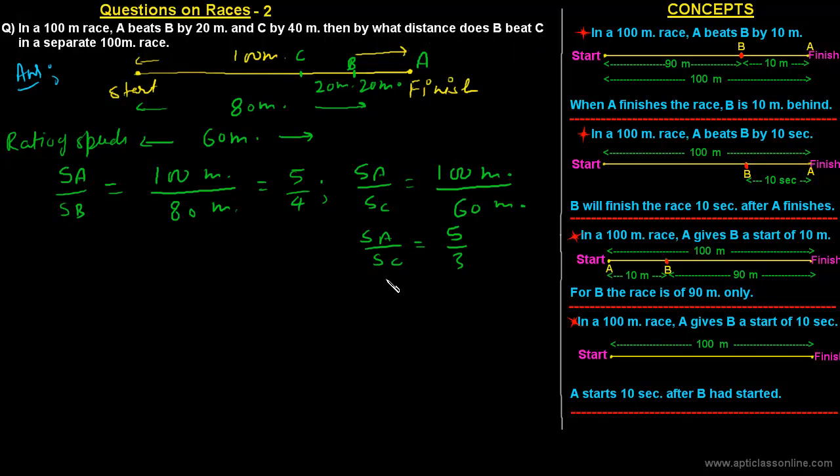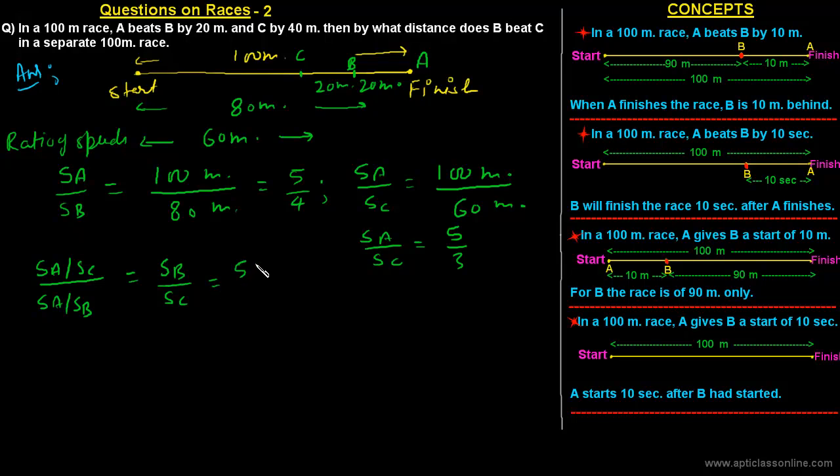So we should have a relationship between the speed of B and C. If we divide SA by SC by SA by SB, then it will become SB by SC.